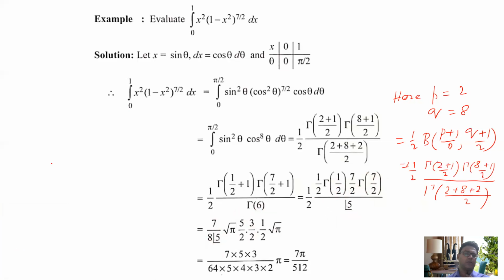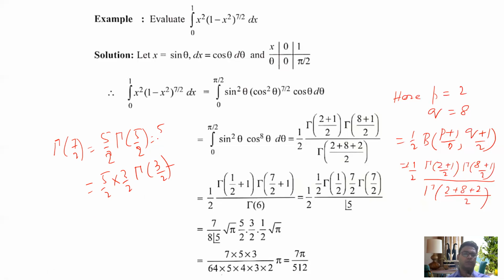We can write gamma 7 by 2 equals 5 by 2 gamma 5 by 2, which equals 5 by 2 into 3 by 2 gamma 3 by 2.